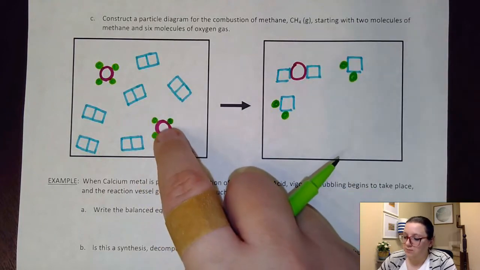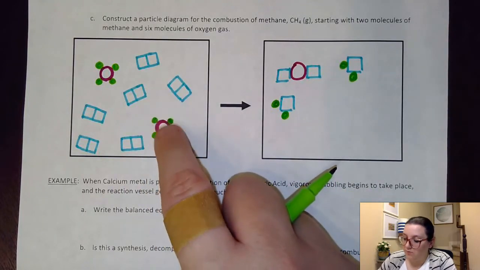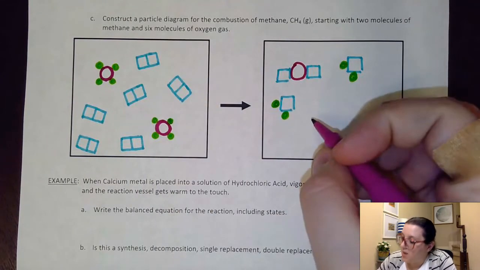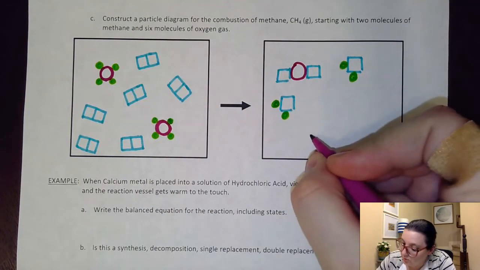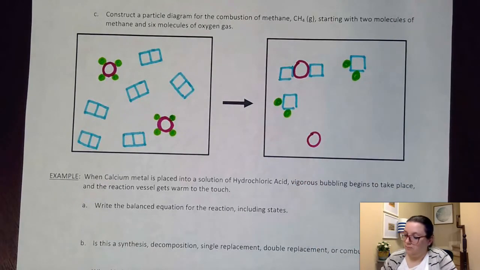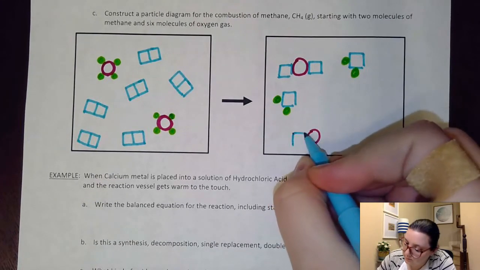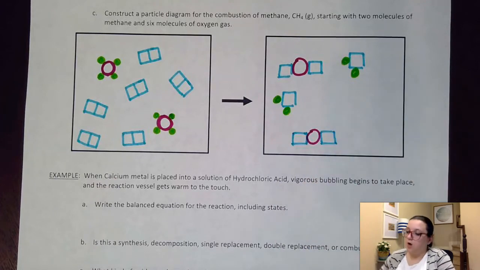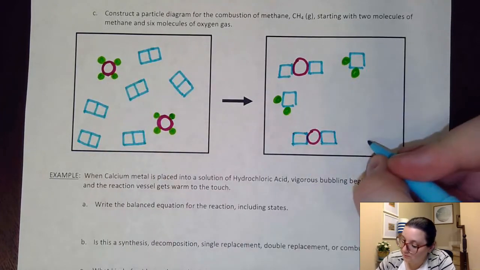I'm going to do the same thing for another 1 of those methanes with 2 of the oxygens. So I'm going to draw yet another CO2. And I'm going to draw, again, 2 waters.